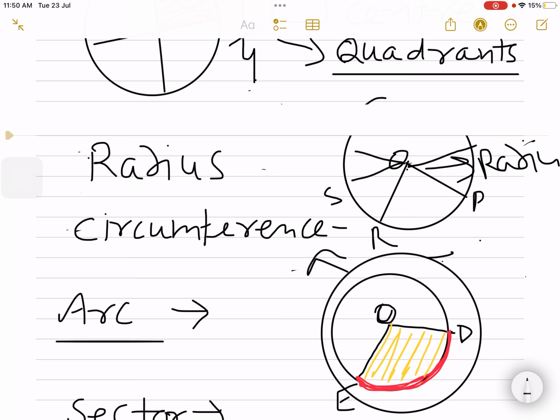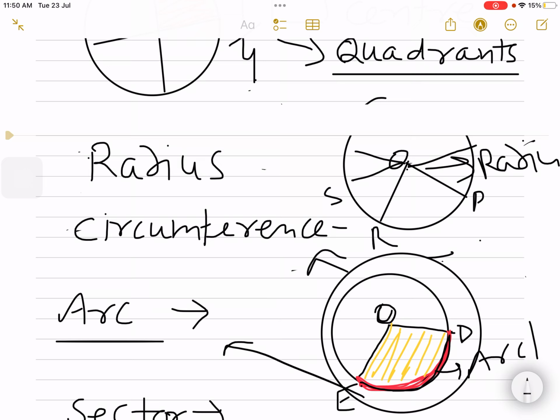So arc, here D and E point, here 2 points on the circle which forms the arc. This red line showing here arc. So here D and E are 2 points on the circle. The curved part of the circle is known as the arc.